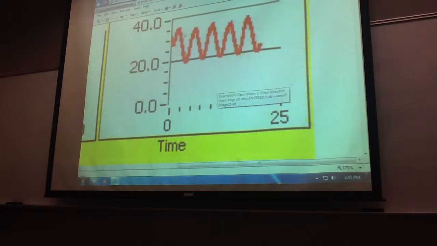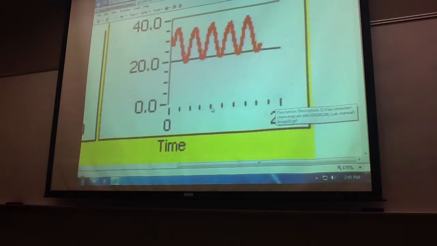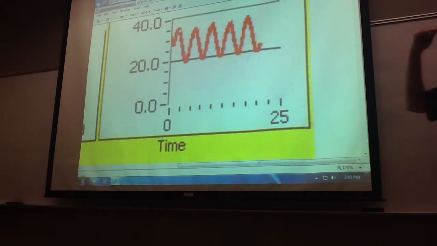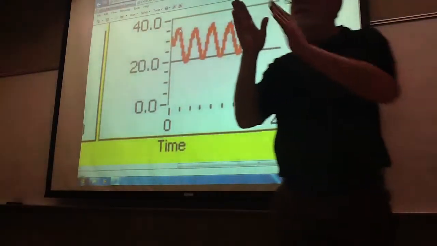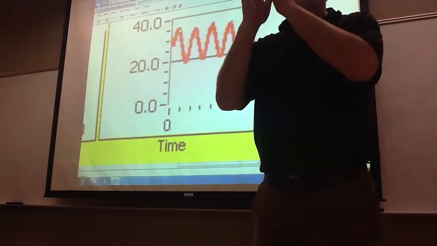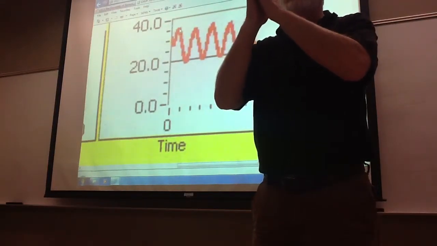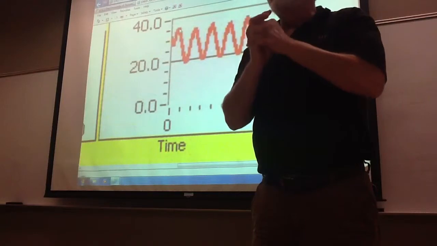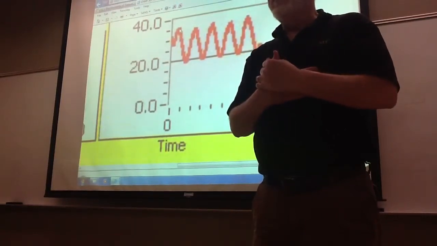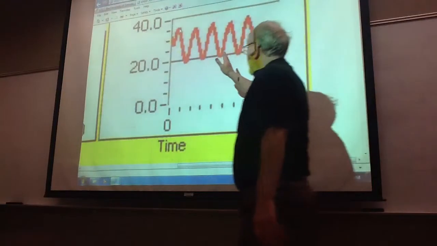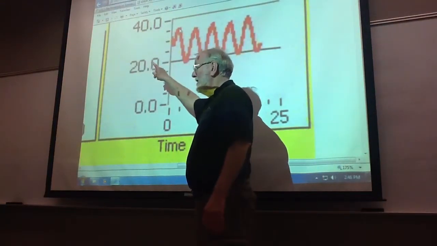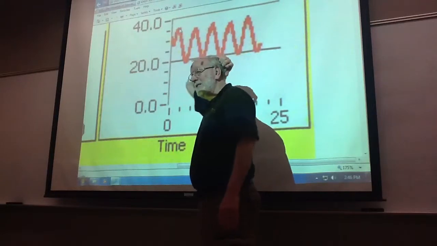Other than that, this peak, let's see, 25, 1, 2, 3, 4. So this is 2.5, so this is close to 2. The peak occurs at 2 seconds rather than 1 1/4. So there's a shift between where the peaks occur. We call that the phase shift. The phase of this is following the phase of that, so we call that a negative phase shift.